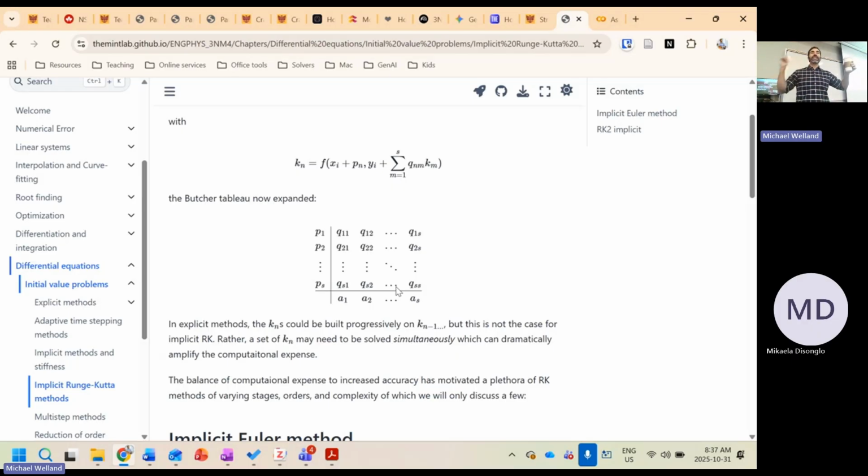Implicit Runge-Kutta is the same idea, but now we're solving for the future times all at once, which gets super complicated because not only are you solving one implicit equation, but you're actually solving for multi-steps in between, the subdivision of steps in between those ones too, simultaneously.